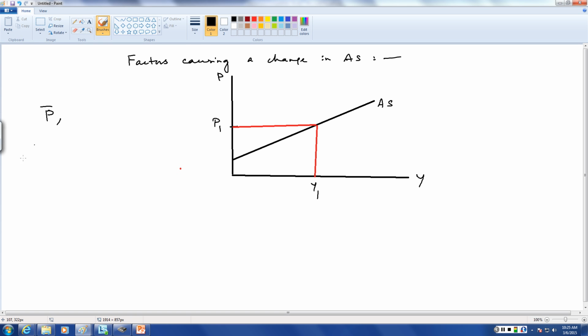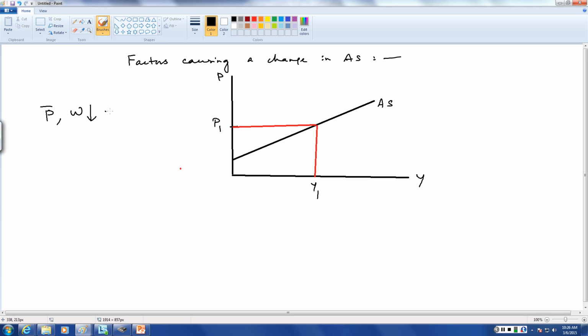But if, for some reason, the nominal wage were to fall, and for instance, that reason may be high unemployment in the economy. If there are lots of desperate unemployed workers around, then firms may think they can get away paying their workers a lower nominal wage. Do you follow me? So it could be something like that, for instance. Whatever the reason, let's say the nominal wage drops.